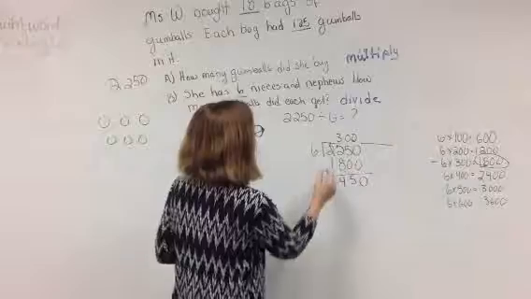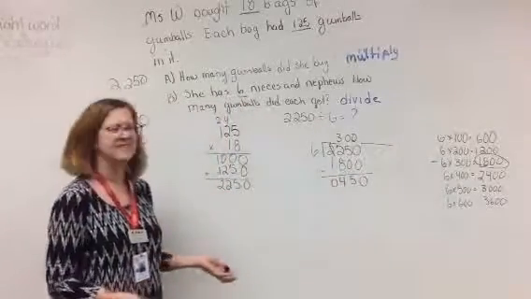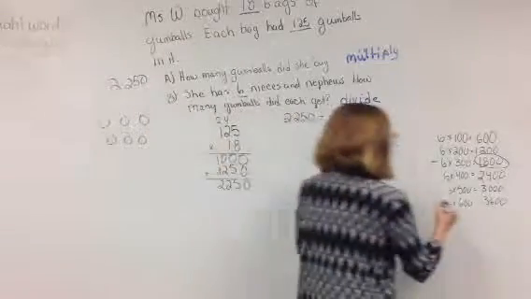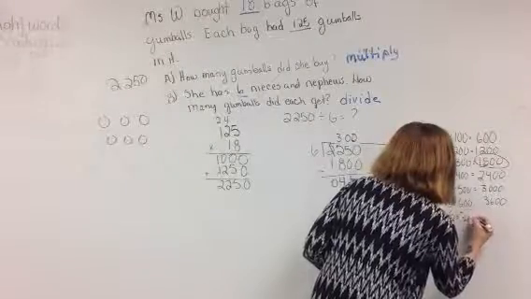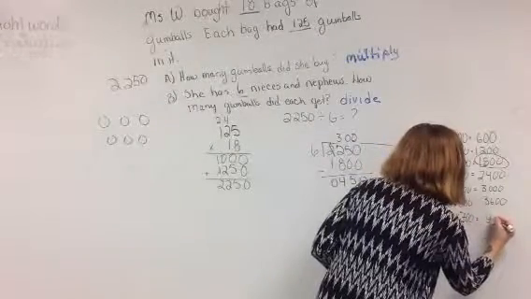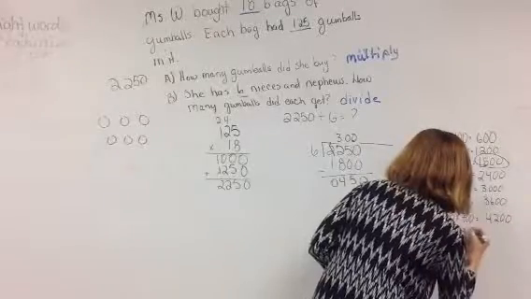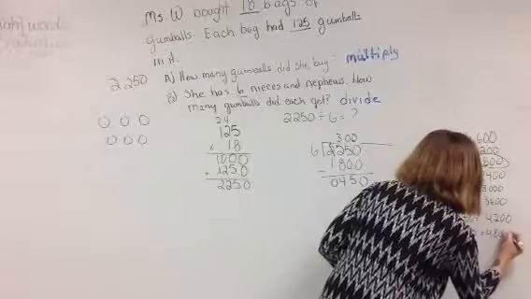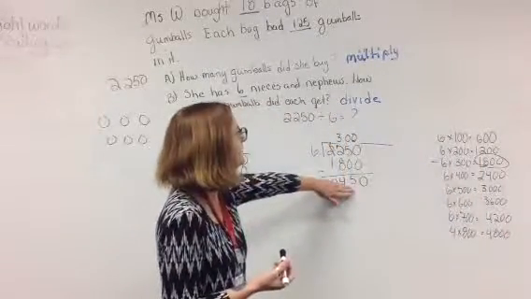And then 1 minus 1 is 0. Now, am I done? No, I have to keep going. So, I'm going to keep going over here for a moment. All right, I've got 450.